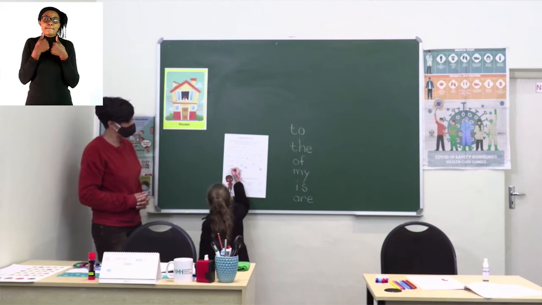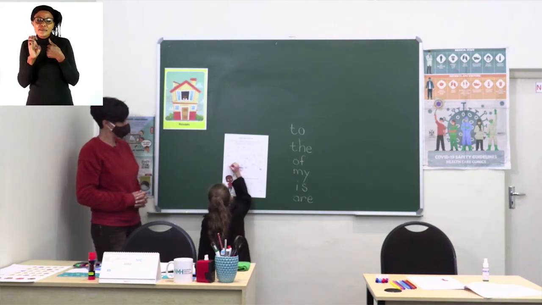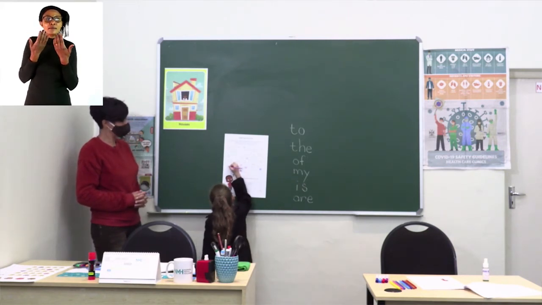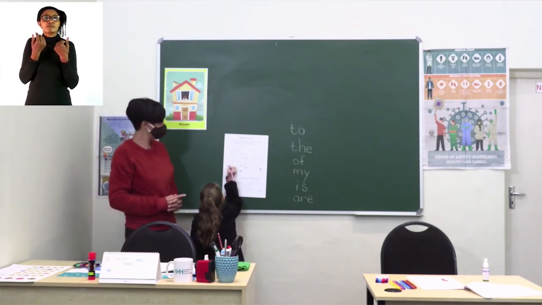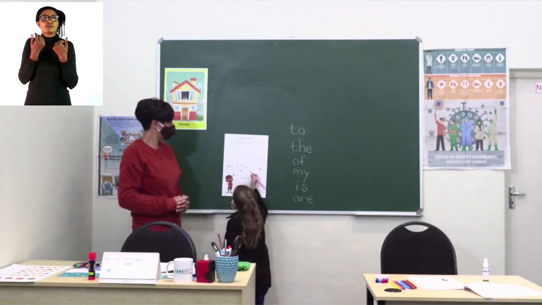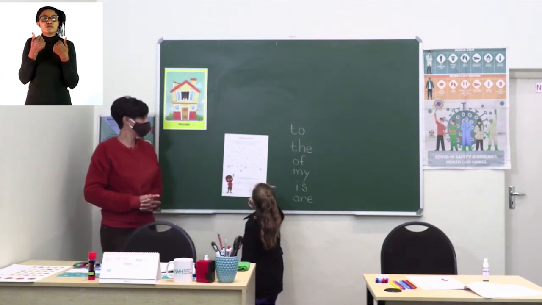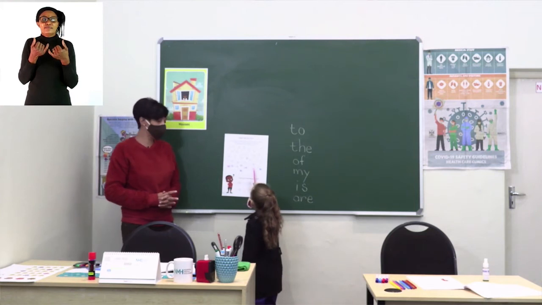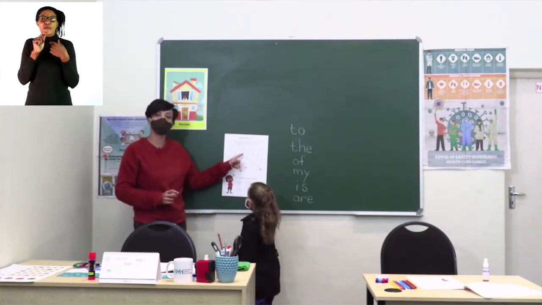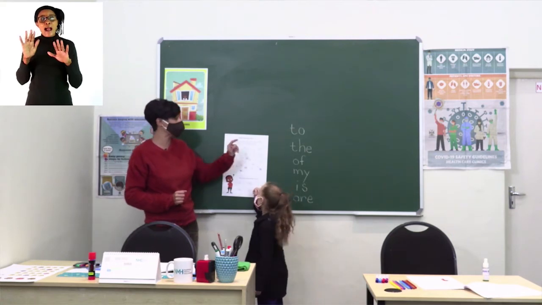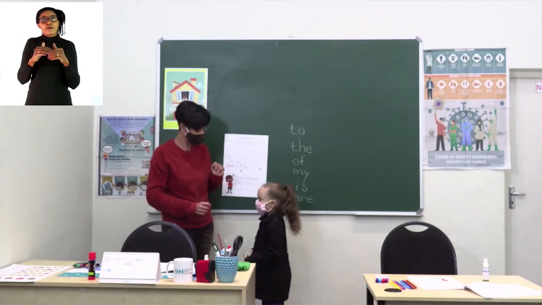Where else do you see the? Good. Now, after she has seen all the this and she color it in pink, we will continue to the next one, of. Thank you, Danelle.